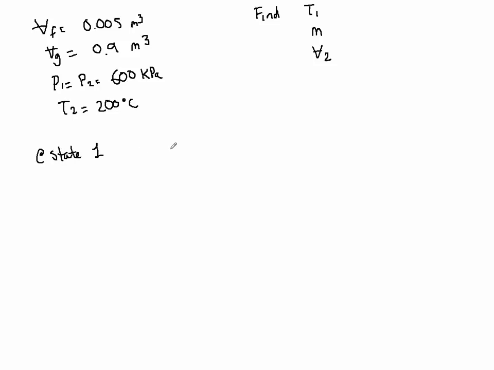We're going to say that T1 is equal to T saturated, since we said that it was a saturated mixture, and this is at 600 kilopascals. So we go to the table and we find that for this particular pressure, T saturated is going to be 158.83 Celsius.